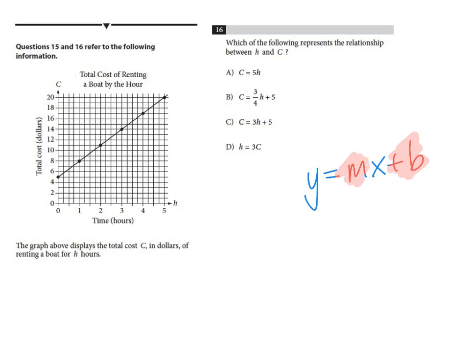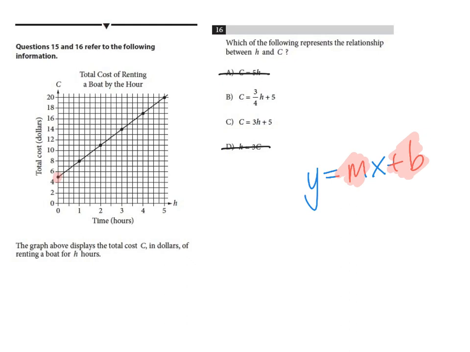Okay, well, the y-intercept for this graph is 5. Okay, so we should have a constant in our equation, and we don't have a constant in either of these, so those can't be.